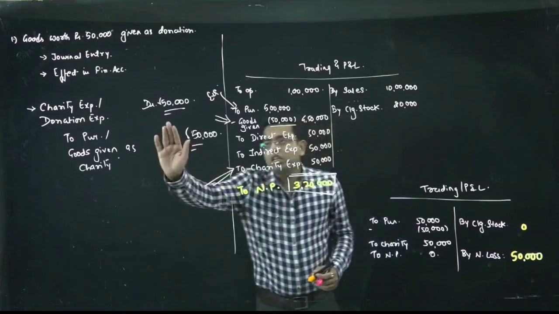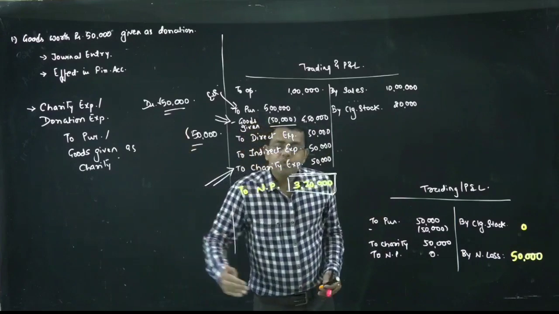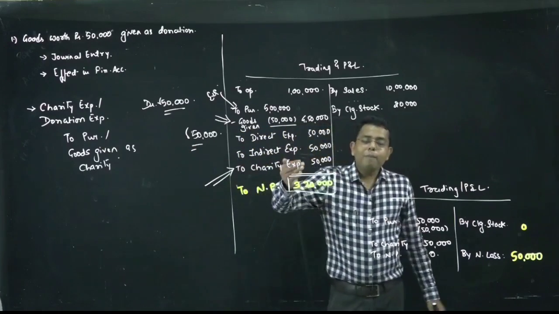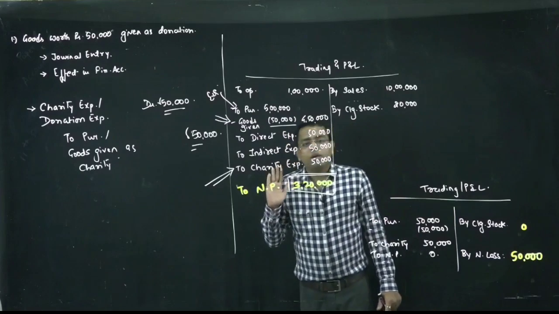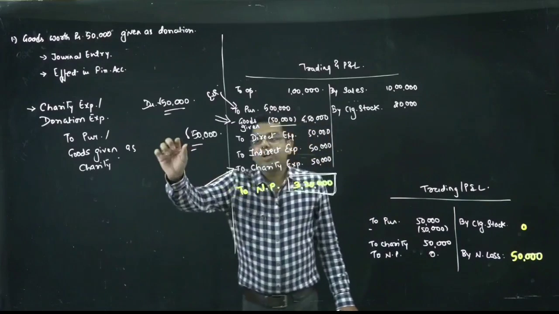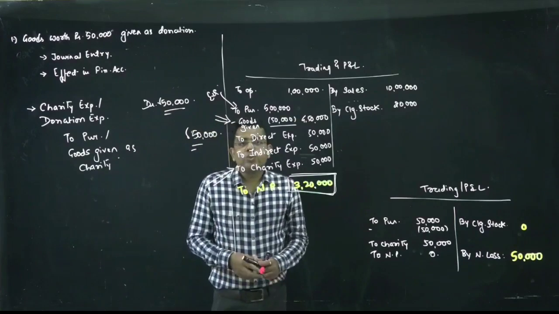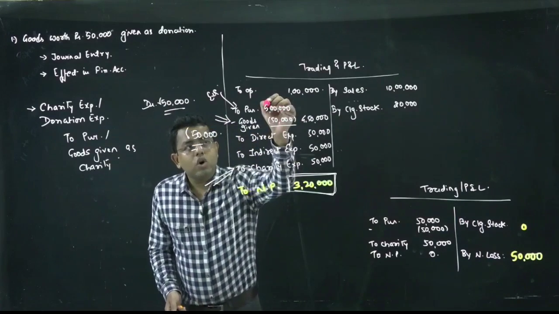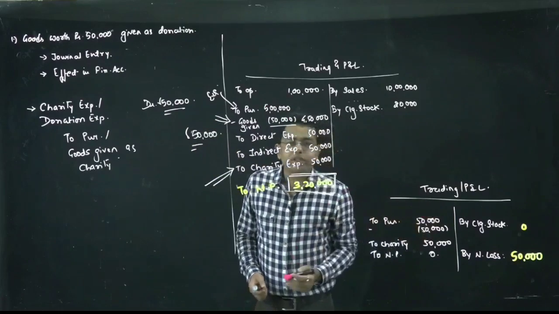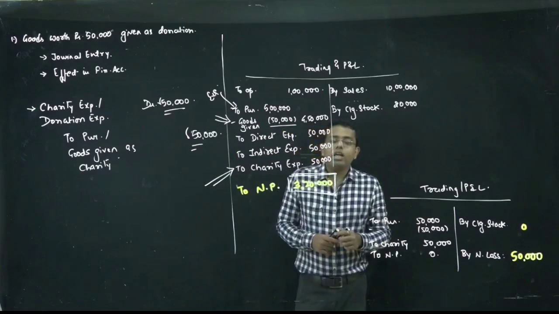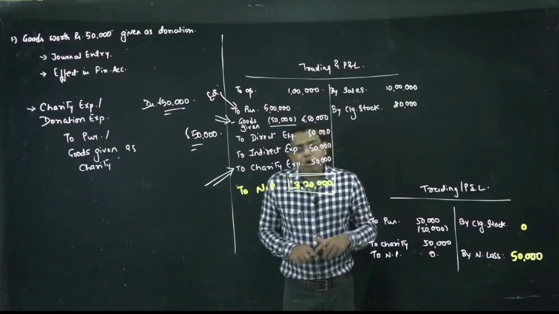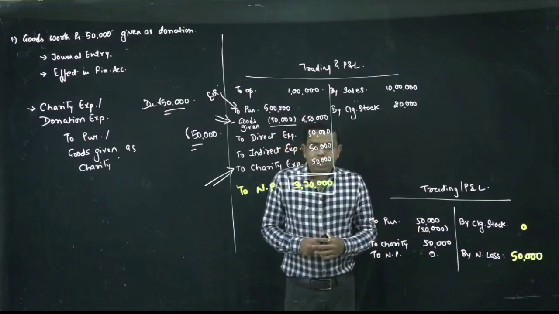So this entry is just passed to transfer my loss from my trading account to my profit and loss account. This entry does not bring the loss for charity. That expenditure has already been recorded when I made the purchase. But if I am not selling it, I will be at loss.